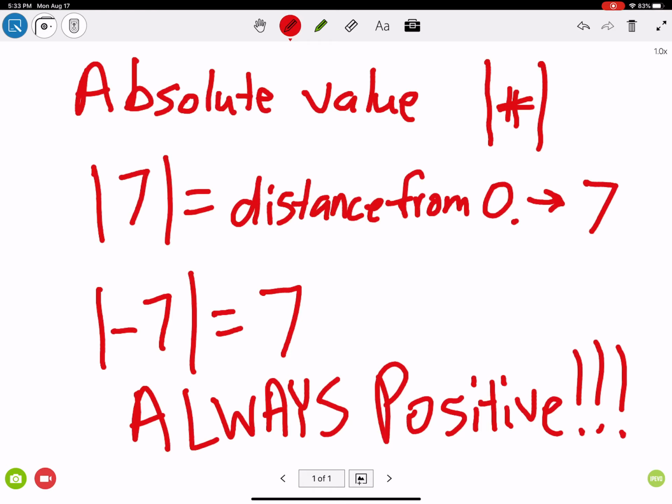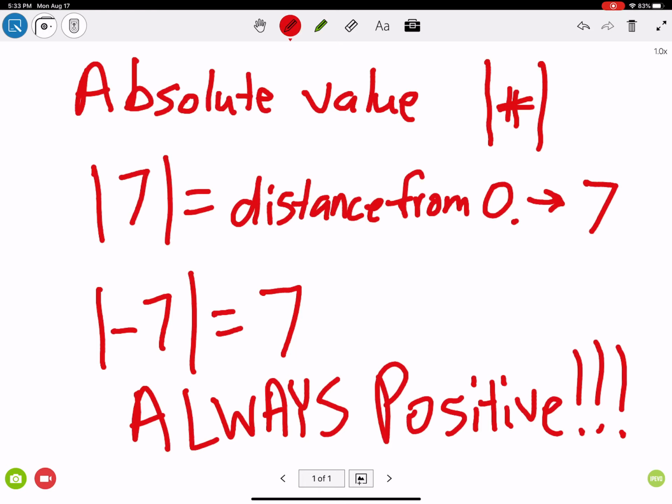Think about it. How far are two cities away from each other? If you tell me they're 100 miles away, does it matter whether I'm going to or from? No. It's not going to be negative going one direction and positive going the other direction. It's always going to be positive. Okay? If I say how far is that city from this city and you tell me it's 100 miles, I know it's a positive distance.